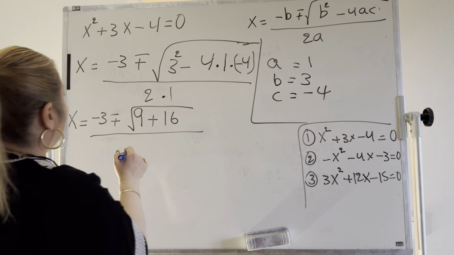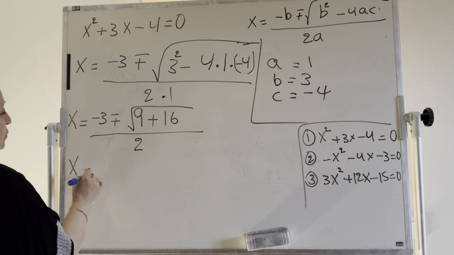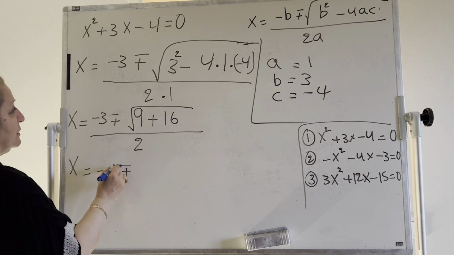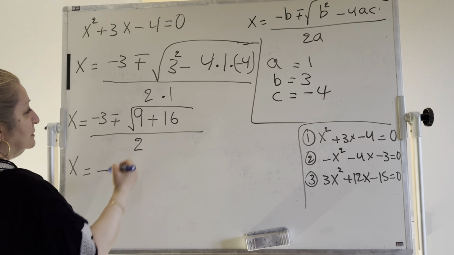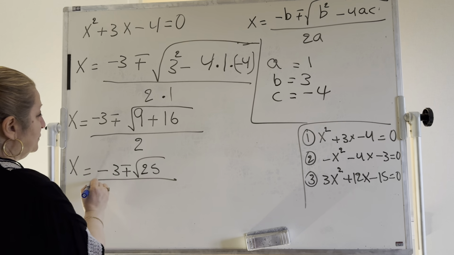Divided by 2 times 1 equals 2. x equals minus 3 plus or minus the square root of 9 plus 16, 25, divided by 2.